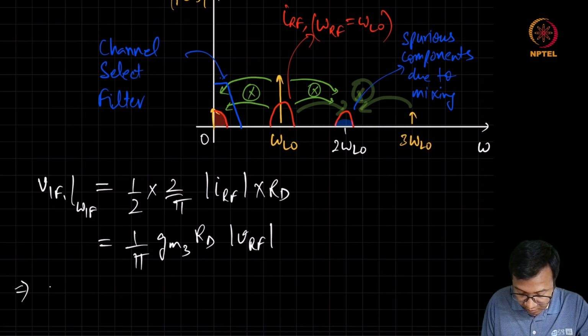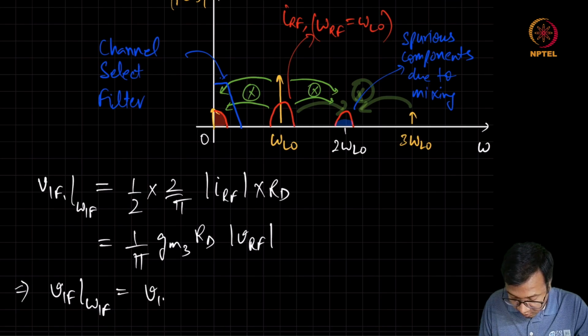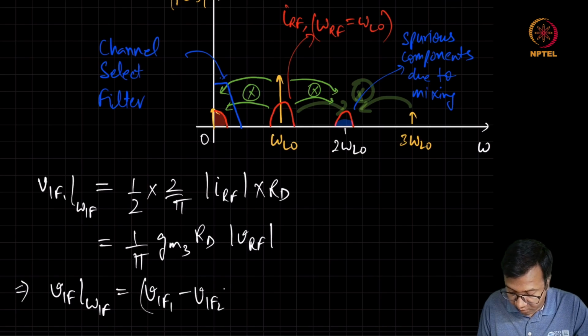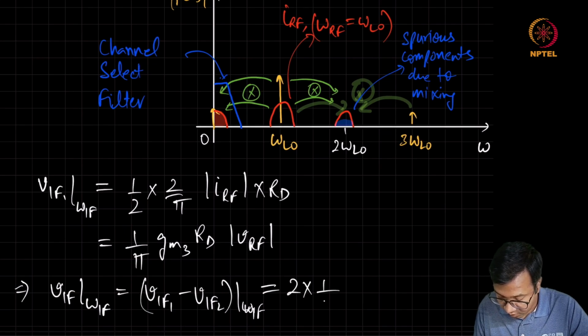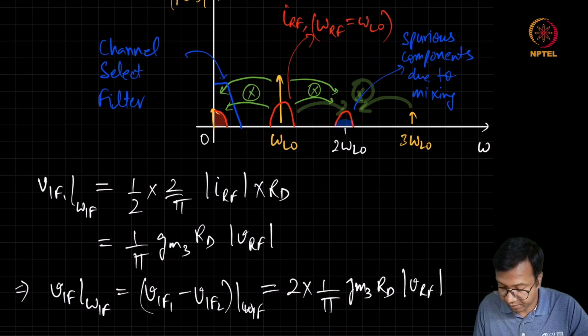So if I take the differential output, VIF at omega IF is going to be the difference of these two IF voltages, which is equal to twice of this value, 2 by pi GM3 RD VRF.